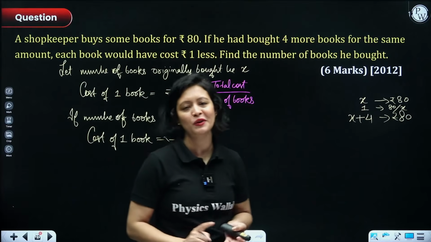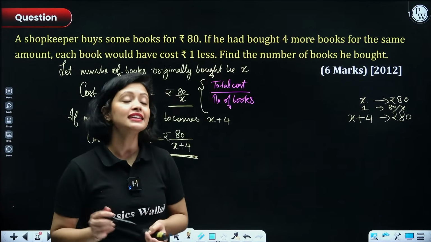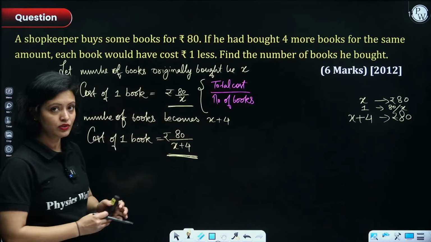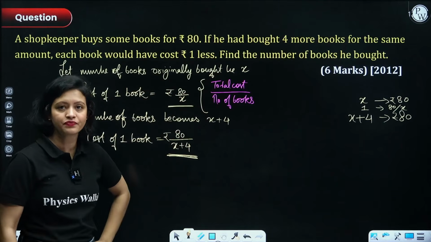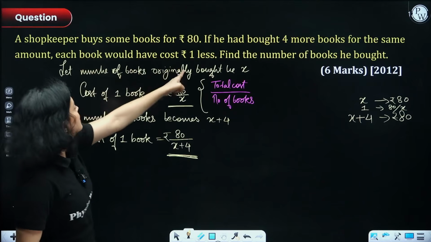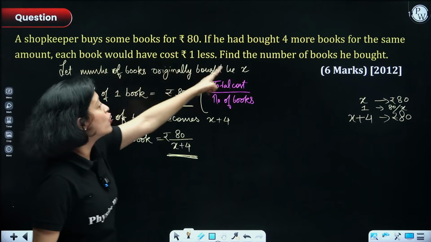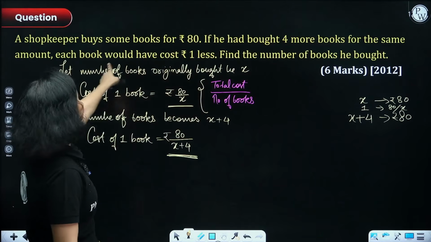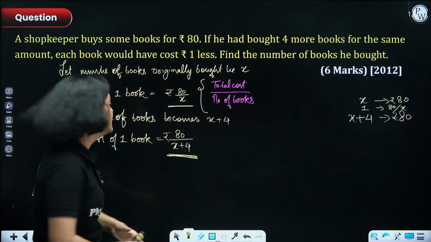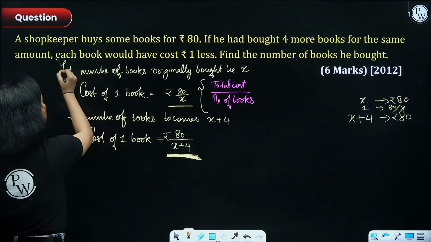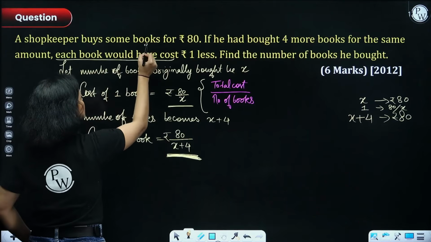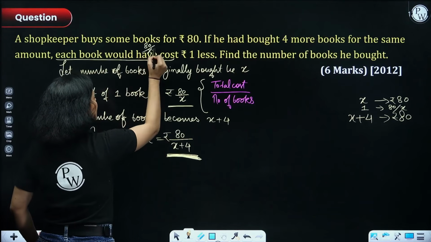Now we have got two costs with us, this and this, and there is a relationship that they are giving between the costs. They are saying that in the second scenario, this is one less than the previous one. See, here they have written: if 4 more books were bought, then each book would have cost 1 rupee less. So this is the cost of one book, 80 divided by x plus 4, we have figured out, right?